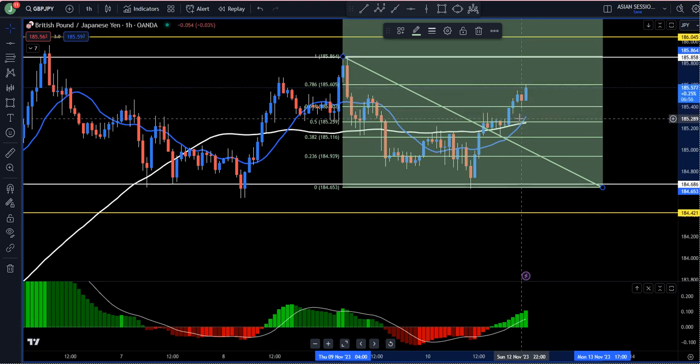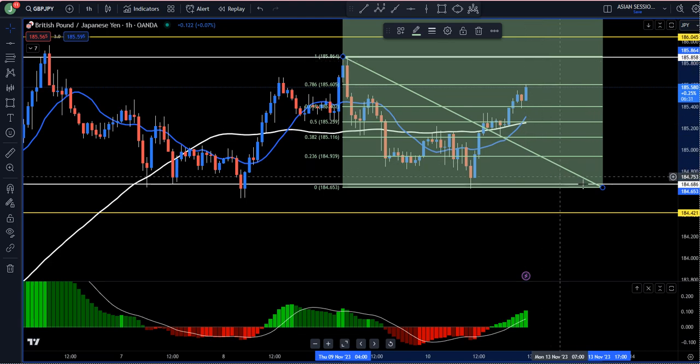We've broken the 50. We've broken the 61.8. We came down and retested the high of the 61.8 right here. That is bullish communication. So everything is telling me that we have bullish strength pushing into the direction of our daily high. That's what it's telling me.